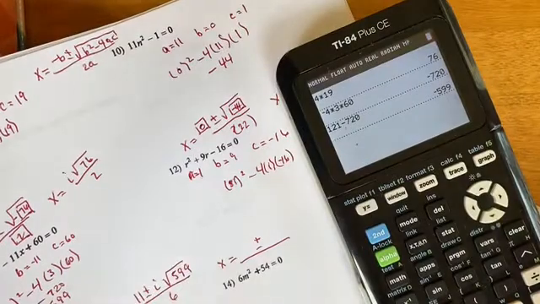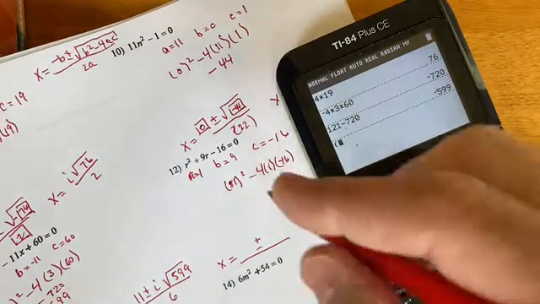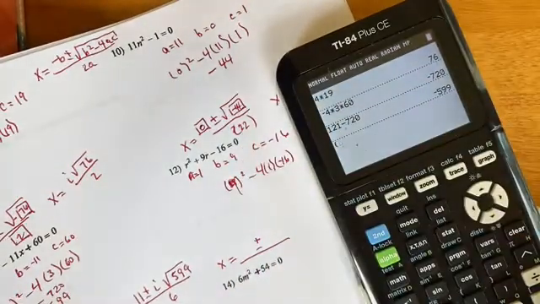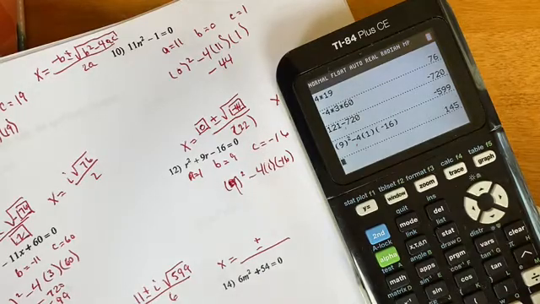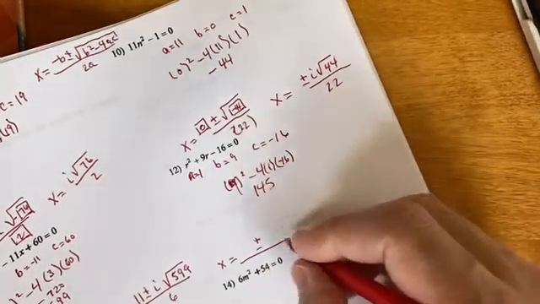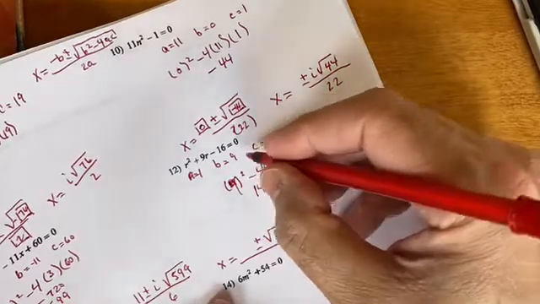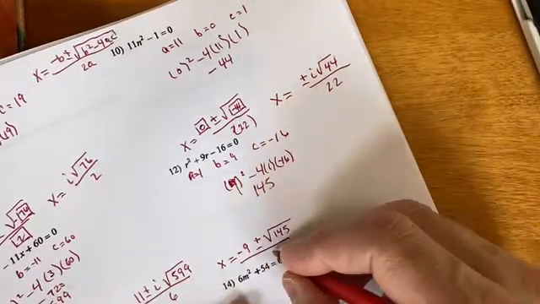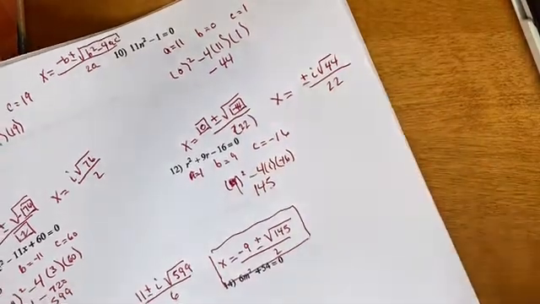Look at how ugly it is if I don't use parentheses. Using parentheses is the key. It's 9 squared minus 4 times 1 times negative 16. B squared minus 4AC is 145. And that's positive, so we just have the square root of 145 here. Negative b is negative 9, and 2a is 2. So that is it.